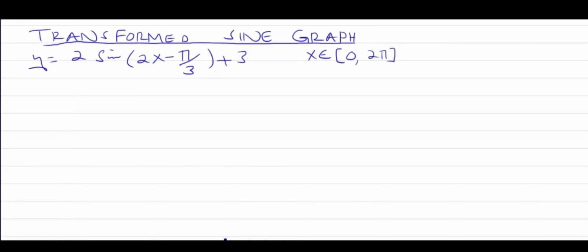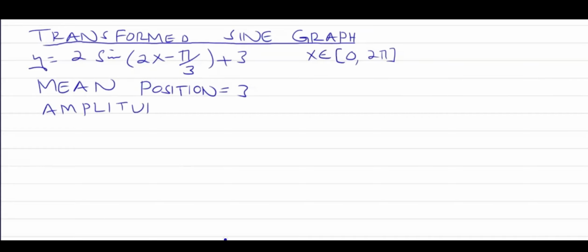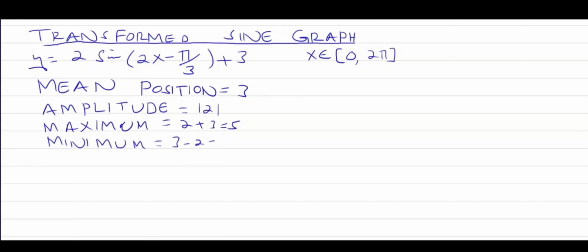A few things to be mindful of. Now that our mean position is 3, where we're starting from, and our amplitude is 2, the maximum point of the graph will be 5, and the minimum will be 1.